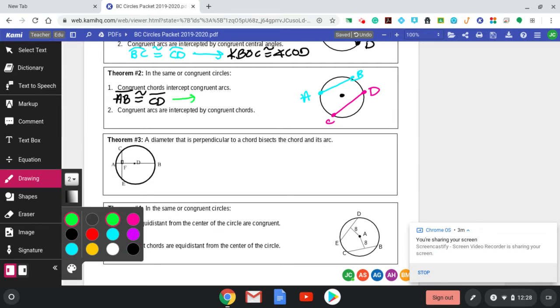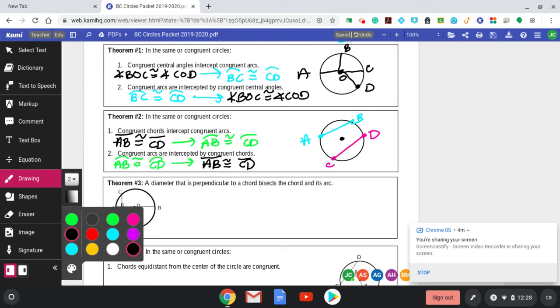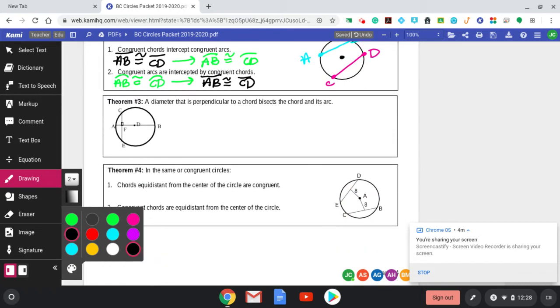So if the chords AB and CD are equal, so are the arcs they make. Most of these theorems, the reverse is always true. So if I know that arc AB is congruent to arc CD, that tells me chord AB is congruent to chord CD. A quick summary: if the central angles are equal, so are the arcs. If the chords are equal, so are the arcs.